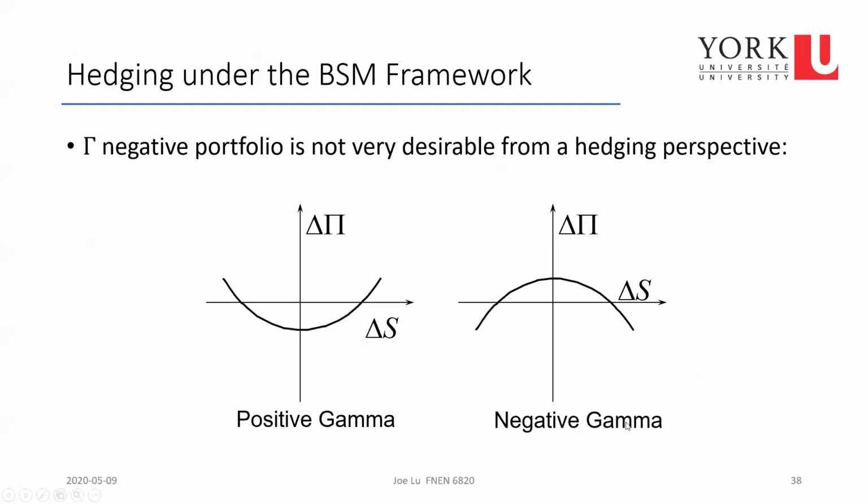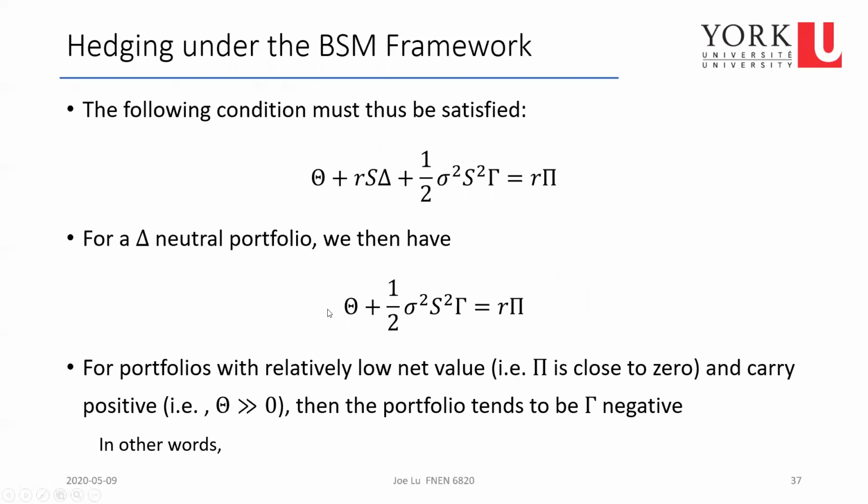Whereas for a negative gamma portfolio, the portfolio value will always decrease, no matter which direction the underlying asset is changing. So which is undesirable. But as the condition here shows, you cannot have all 5 things together.